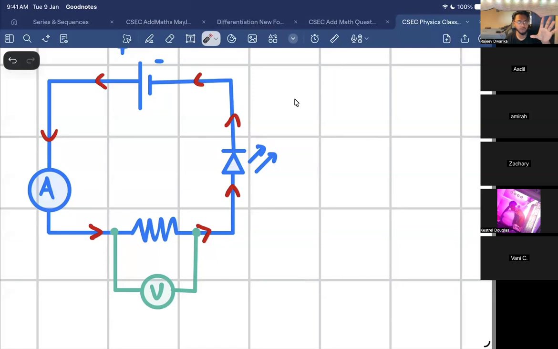Amira, if the resistance is 0, is there anything to resist the current? No, sir. It's in the word 0. If there's nothing resisting the flow of current, will current stop or will current easily flow through? It will easily flow through.